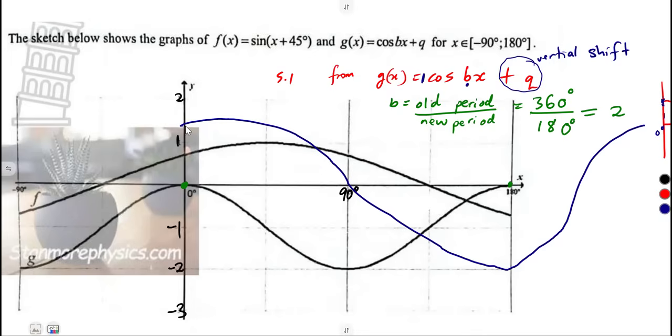So we can see that when it is at 1, the new one is at 0. So it is shifted, going down. -1. When it is at 90, the original is at 0, but the new one is going to be at this point, all right?